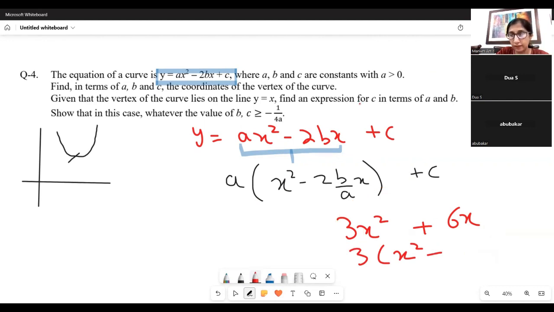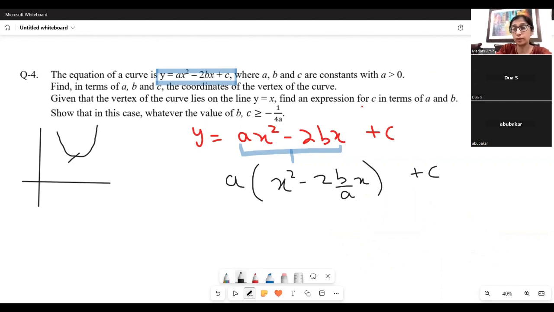That is why a is in the denominator. Okay, now we have to change it into a square minus 2ab plus b square, because that would be a completed square form, (a minus b) whole square.